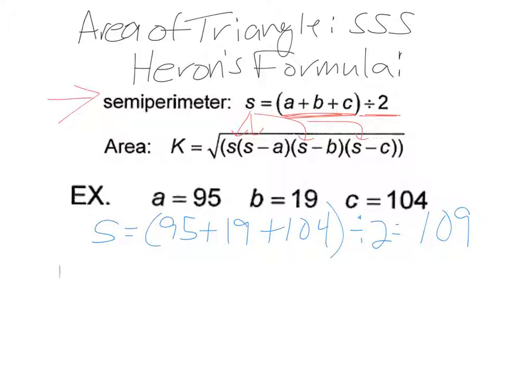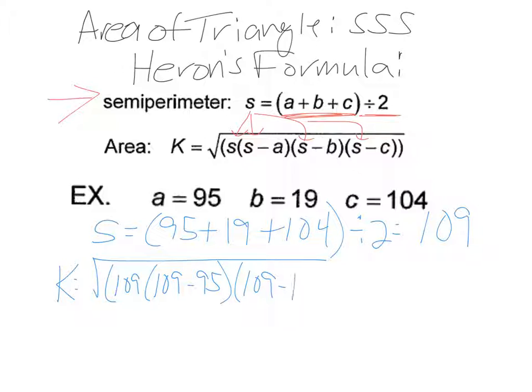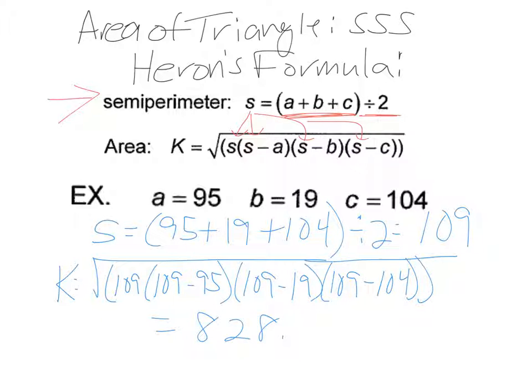So then into the area formula, I have a parentheses, and then I have the 109 for S, parentheses, 109 minus A times 109 minus B times 109 minus C. Close that parentheses and close the square root parentheses. And that comes out to be 828.67.